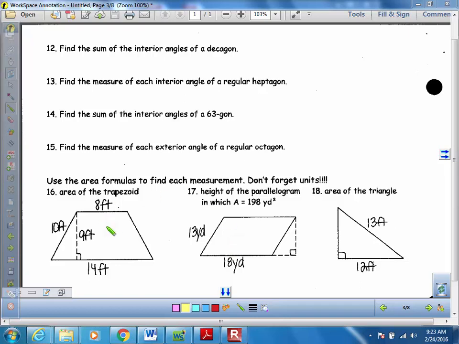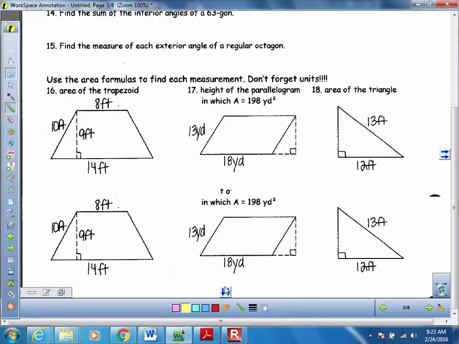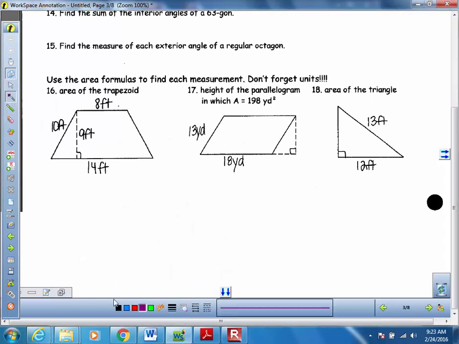Okay, so let's try 16 now. We're going to get into the area of polygons. So looking at 16, they want to know the area of this trapezoid. So our formula for area of a trapezoid is 1/2 times the height times base 1 plus base 2. Here, my height would be 9. It's always going to be this dotted line down the center.